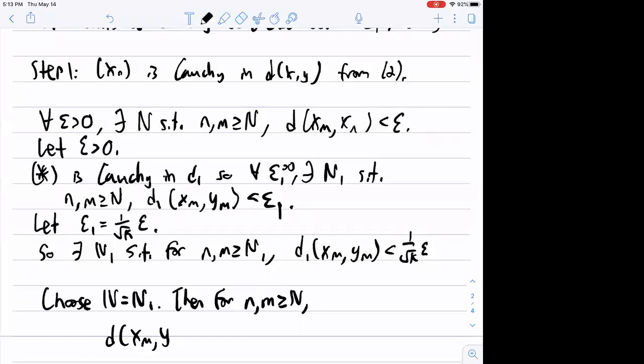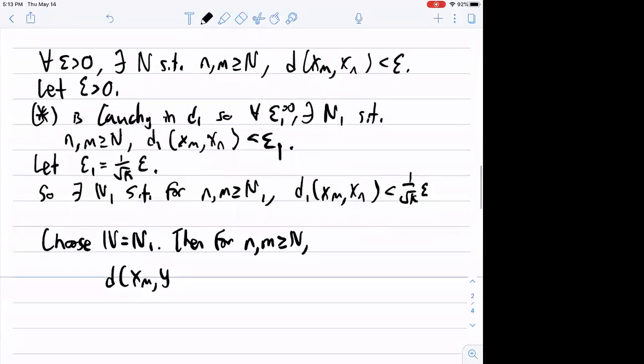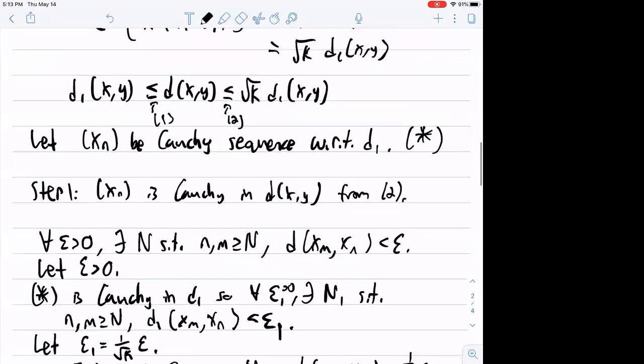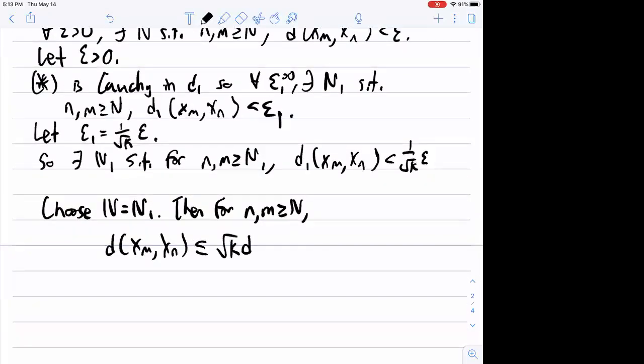It should be xm and xn. This is smaller than or equal to, using 2, root k times d1 of xm, xn, and from this part, I get that it's smaller than root k times 1 over root k epsilon, which is epsilon.